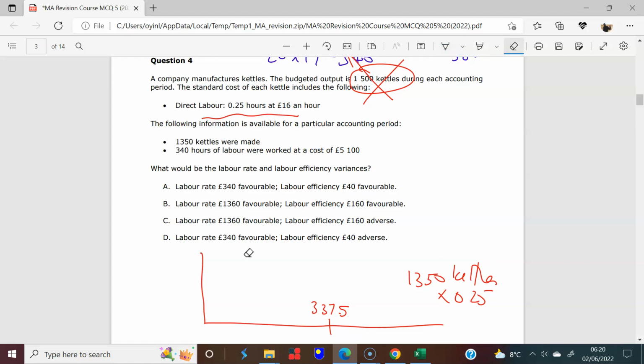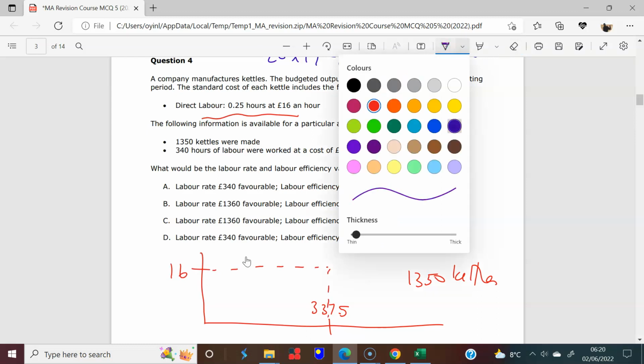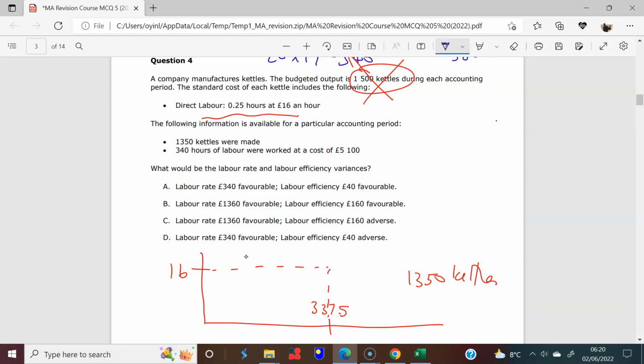And you're paying £16 an hour. So that's where we are. This is what you should be doing. But what actually happens is that you use 340 hours, which is higher.